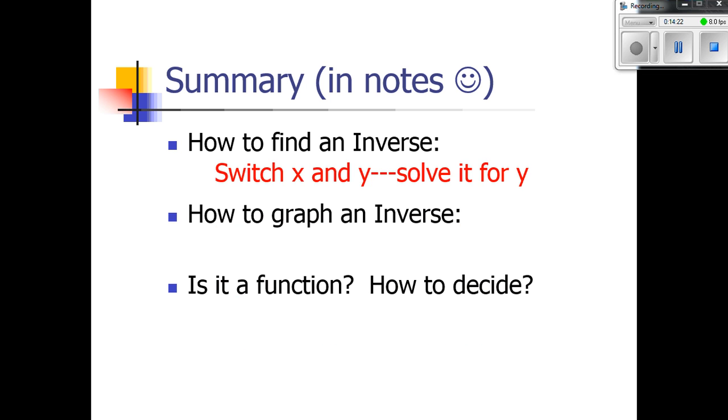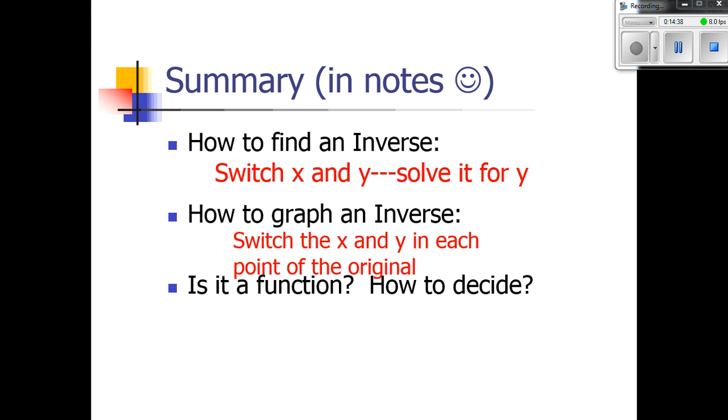One, you can find the inverse by switching x and y and solving for that y. That was what we just did with those 4 examples. You can also find an inverse with graphing. You switch the x and y in the table and then plot the new points, and you will have an inverse. And then you have to decide if it's a function.